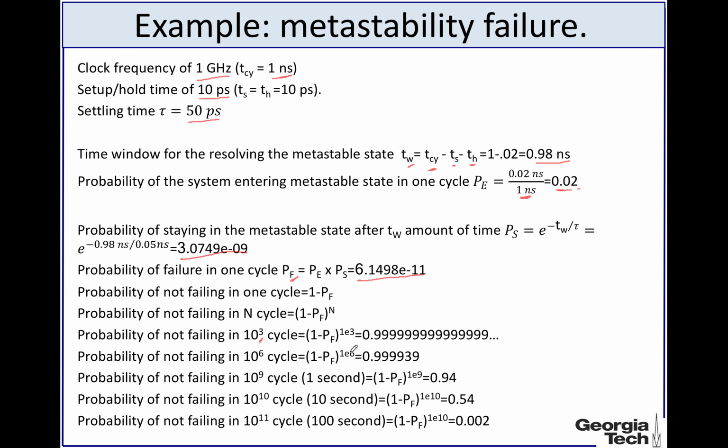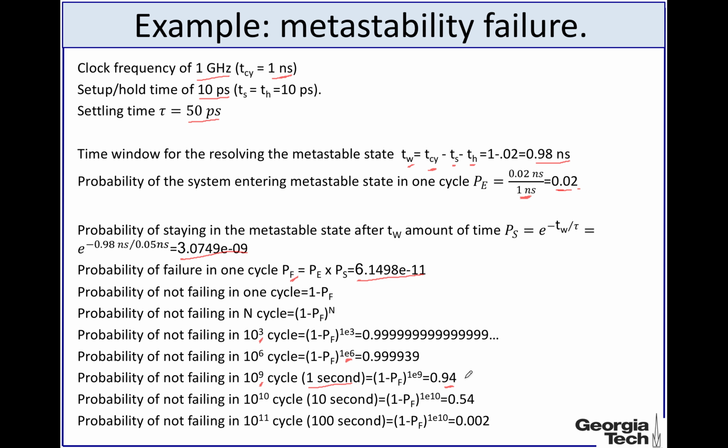But because the number of cycles comes in the exponent, this number quickly deteriorates as the number of cycles increases. By 10 to the power 9 cycles, which is equivalent to 1 second because the frequency is 1 gigahertz, the probability of not failing becomes significantly smaller than 1.